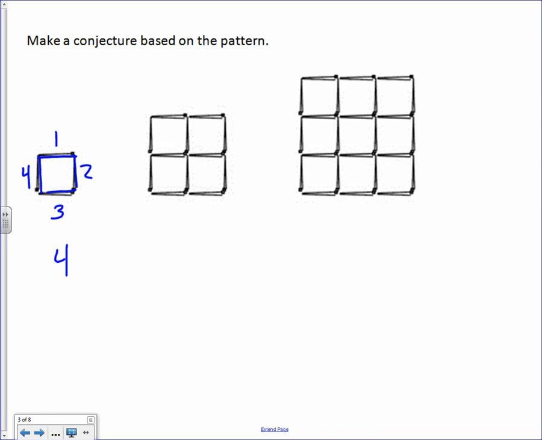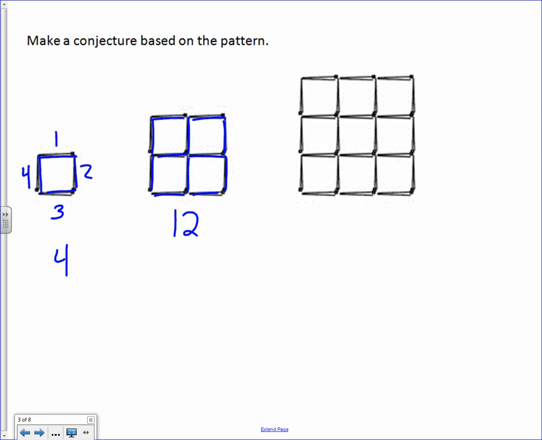Our second one, we have 1, 2, 3, 4, 5, 6, 7, 8, 9, 10, 11, 12. We have 12 toothpicks that make up this array, right?